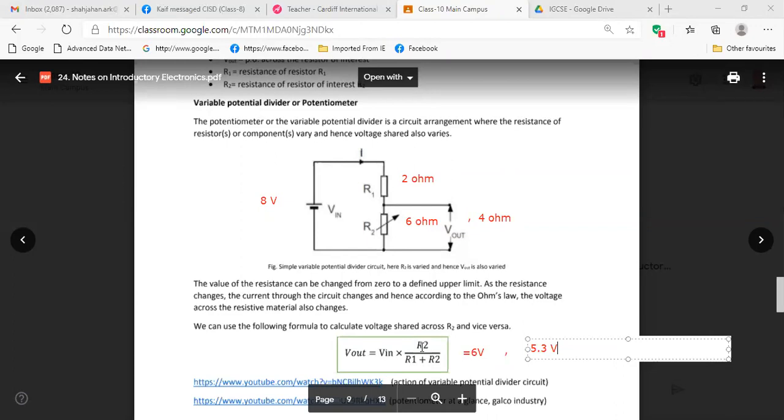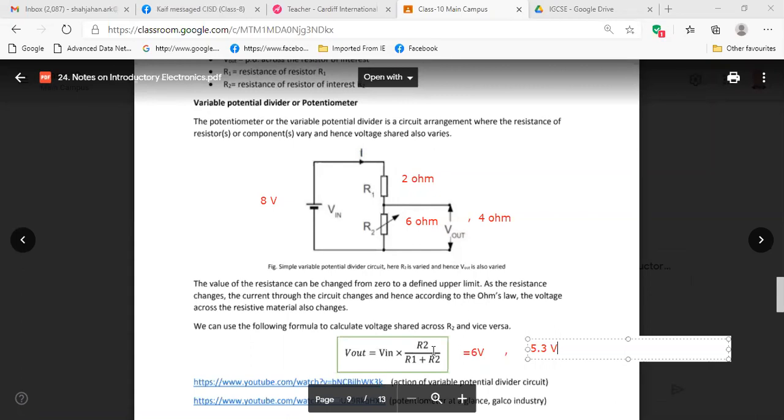For example, Aisha, here we are getting V out, right? If I change the V out, like V out is not here, V out is here in R1, then you have to calculate V out for R1, isn't it? Will you write the formula the same way or will you change it?